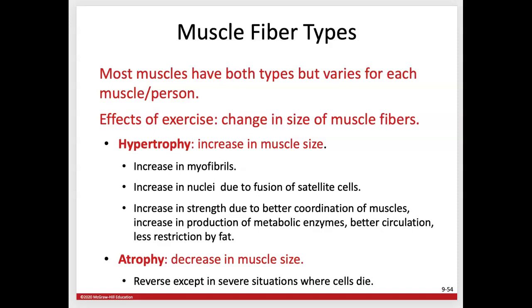There will be a change in the size of the muscle fibers. I apologize for misspeaking there. So with hypertrophy comes an increase in strength, better coordination of muscles, increased production of metabolic enzymes, better circulation, and less restriction by fat. Atrophy is a decrease in muscle size due to less movement, less use.